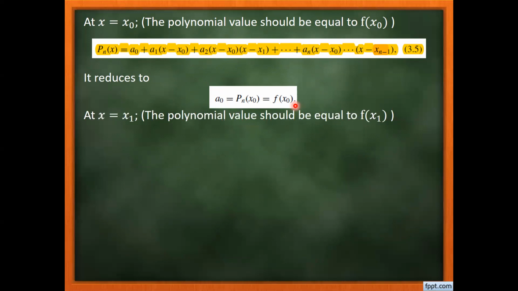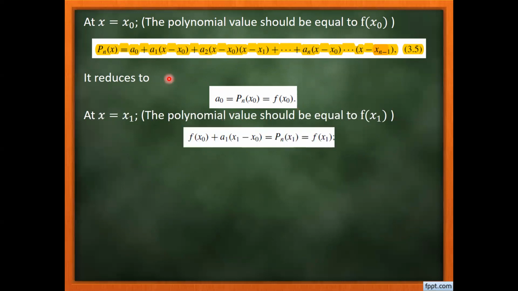Now, second, at x equals x1, the polynomial value should be equal to f of x1. So use this condition in 3.5. What I will be getting is, on the left hand side, f of x1. On the right hand side, when I put x equals x1, this term will be a0. This will be a1 times x1 minus x0. This term will be 0 because here I have a difference with x1, x1 minus x1 is 0.